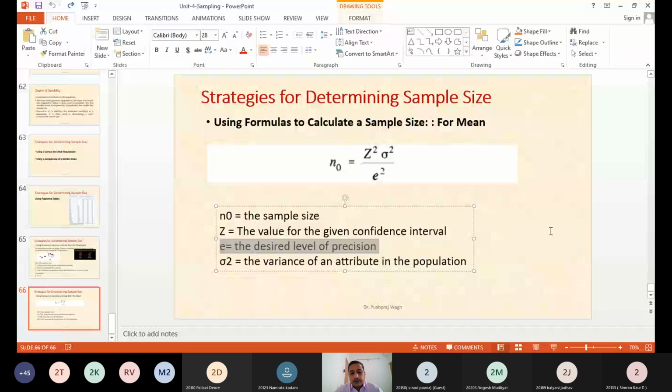Sigma square is the variance. We have discussed how we calculate the variance. Variance is the average of the squared differences from the mean. You have to calculate that value and put it here. So this formula says n0 sample size equals Z square sigma square divided by e square.